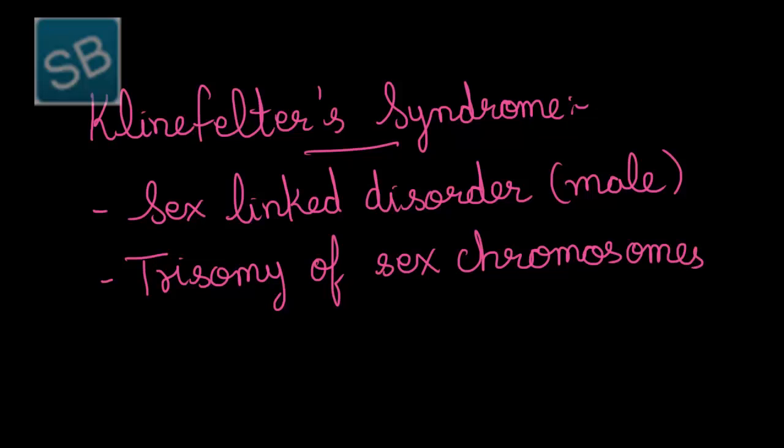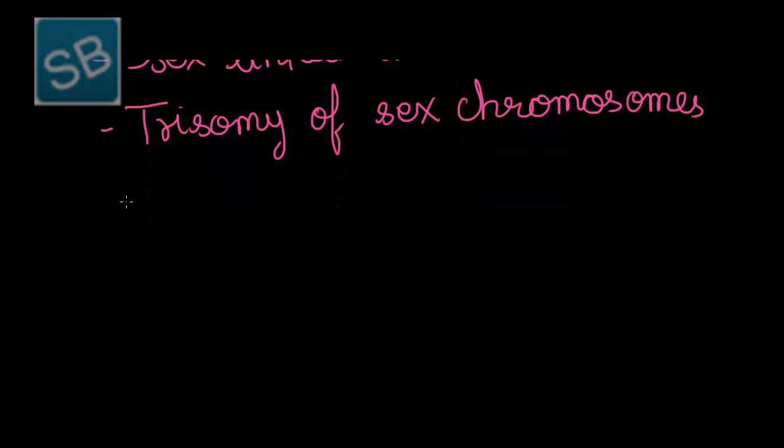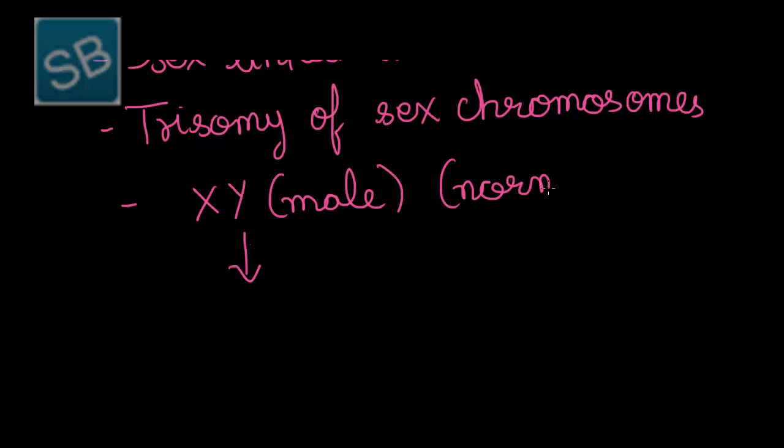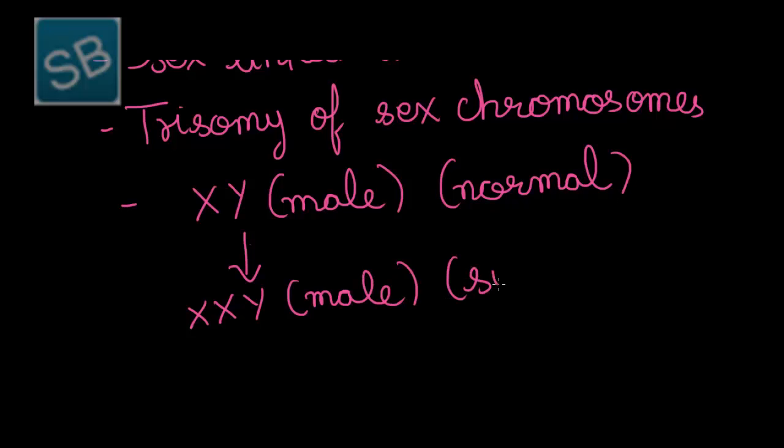Instead of the normal one X and one Y chromosome in males, due to this syndrome, the number of X chromosomes within the male increases in such a manner that it can be either 2 or even sometimes more, which leads to the syndrome. That is, instead of the one normal X chromosome, in males either 2 or more X chromosomes occur.